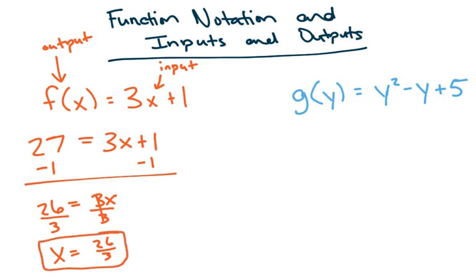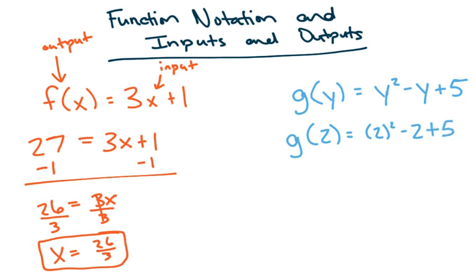And the other thing I want to point out with this idea is, as long as you're dealing with functions, it doesn't matter whether they're linear or nonlinear. The solving for inputs and outputs works basically the same way. So looking at my other function here, which is clearly not linear, it's g of y is equal to y squared minus y plus 5. And so if you were asked to calculate g of 2, you would just plug in 2 for every y you have.